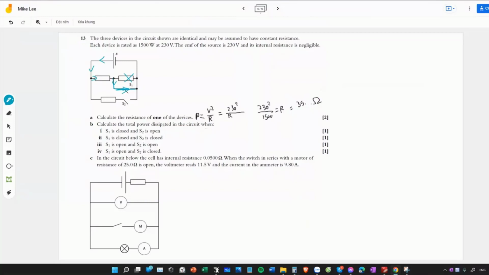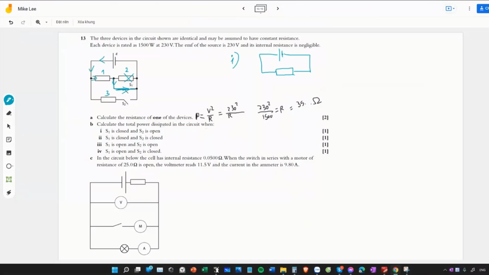So basically in the first case, the circuit involves only one resistor, which is the first resistor here. First, second, third. So just like this. Each device has the power 1500 watts and the working voltage 230 volts.